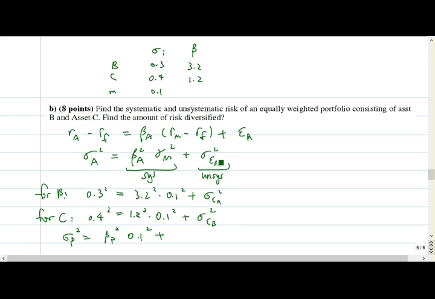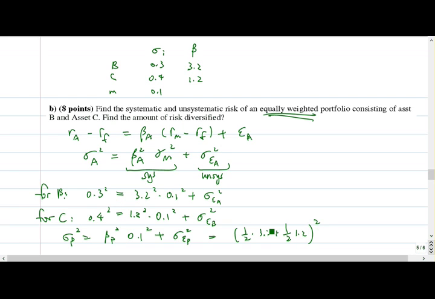That part is the sum of these two things, and it's equally weighted, so it's half-half. The beta is equally weighted as well, so it's half of the first beta plus half of the second beta.